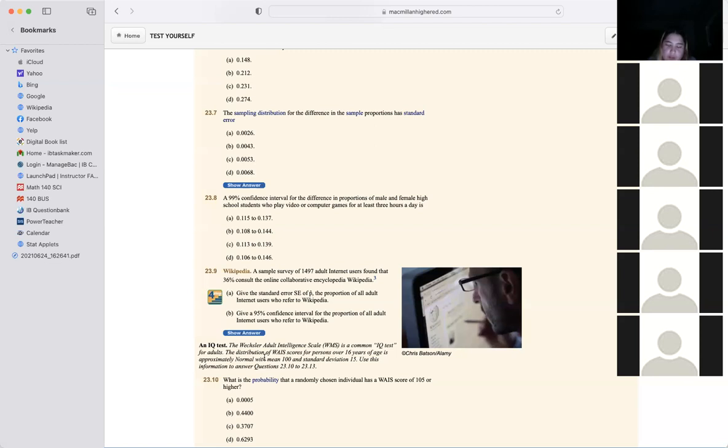There is no 0.354. And then 0.366. I didn't get that either. Okay, never mind. What do you put in for your confidence interval?